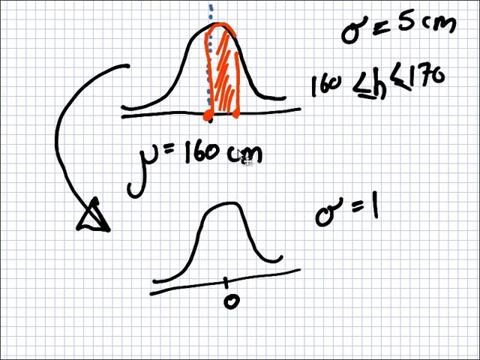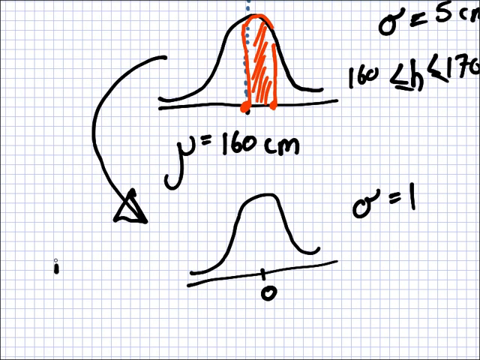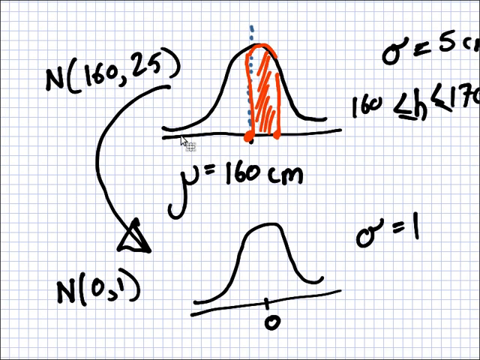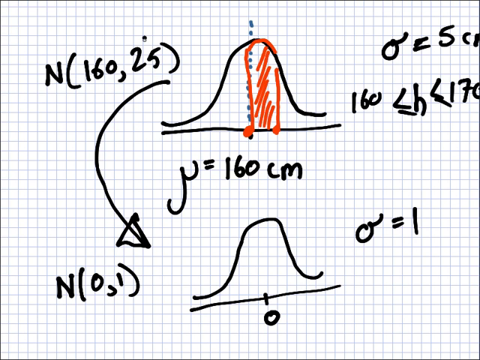Just before we do that, just a bit of notation. So we call this graph, this variable, N(0,1). And we call this one here N(160,25). And the reason for 25 is we put the variance in here, which is 5 squared.